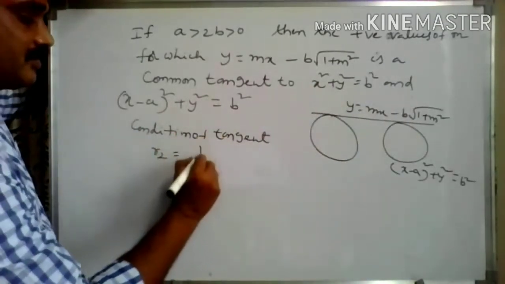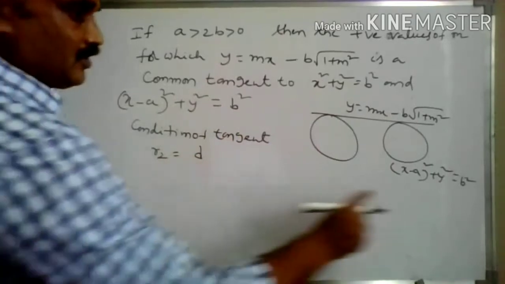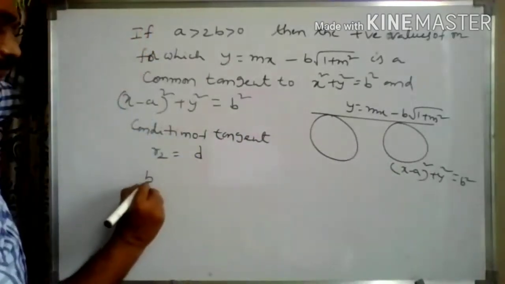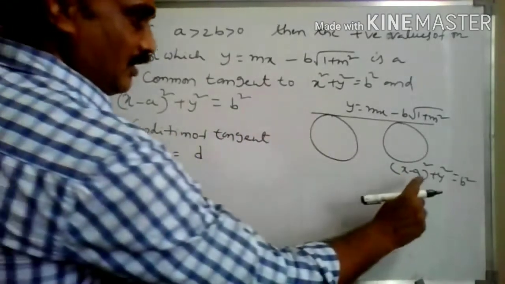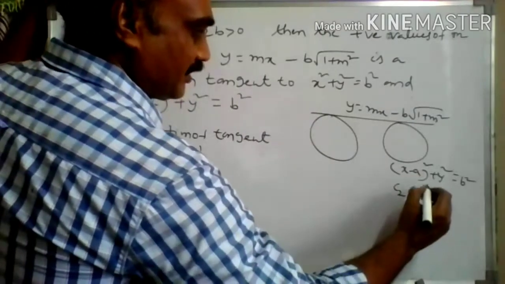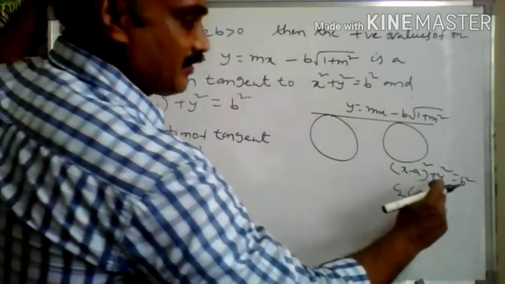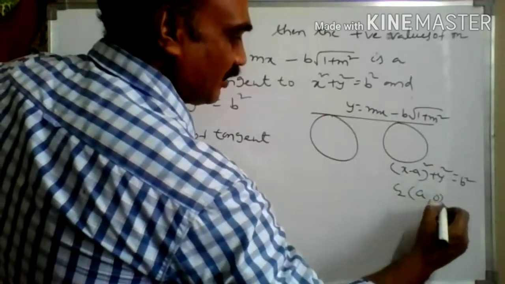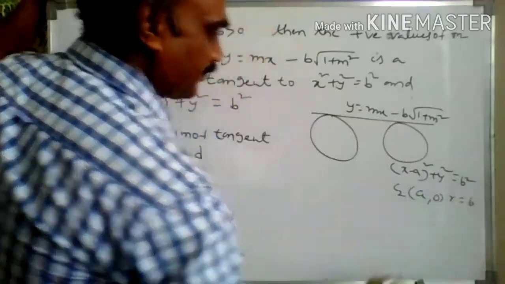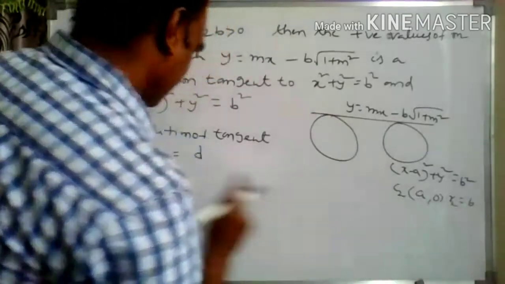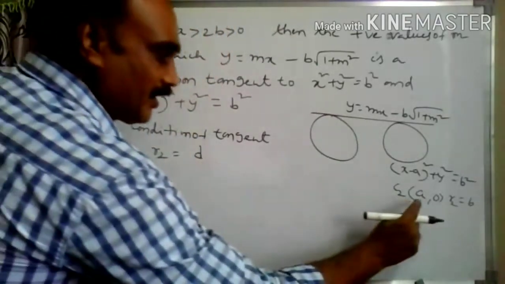I am taking r2 is equal to d. So r2, the radius of the second circle, is b. d is the perpendicular distance from center c2. This is (x minus h) whole square plus (y minus k) whole square, center (a, 0), radius b. So r2 is equal to b. d is the perpendicular distance from the center to the tangent.